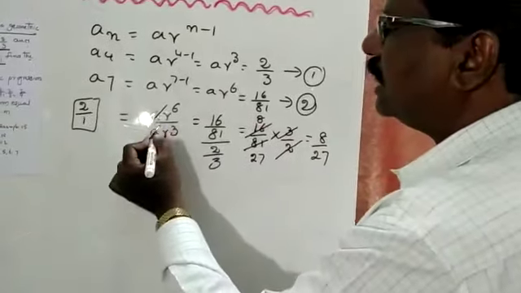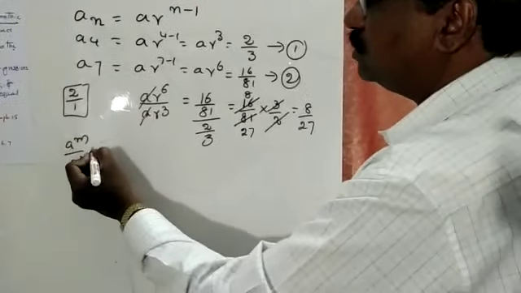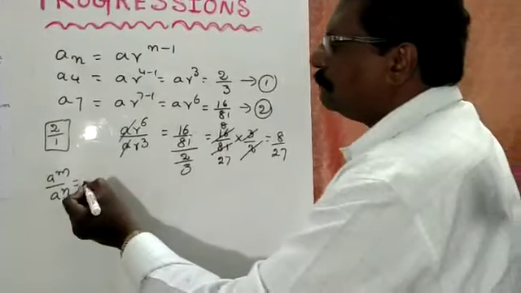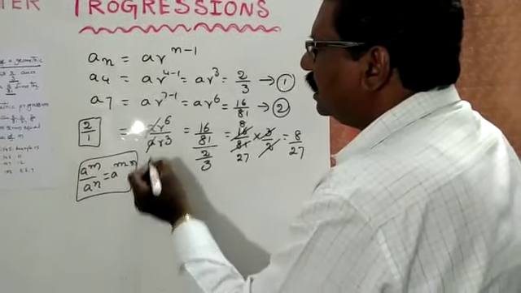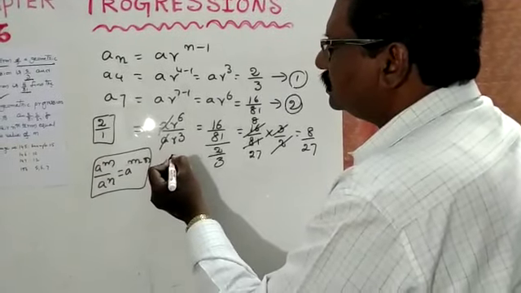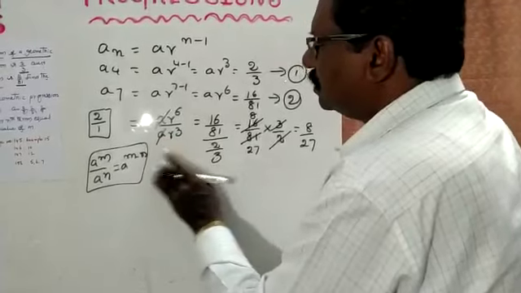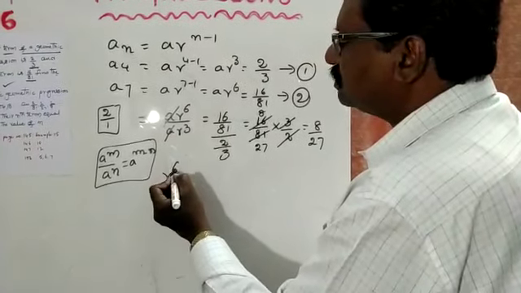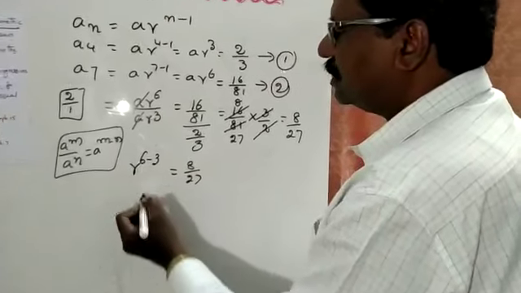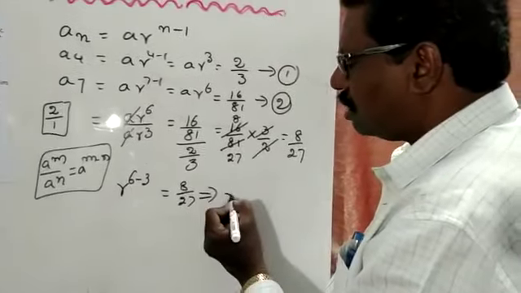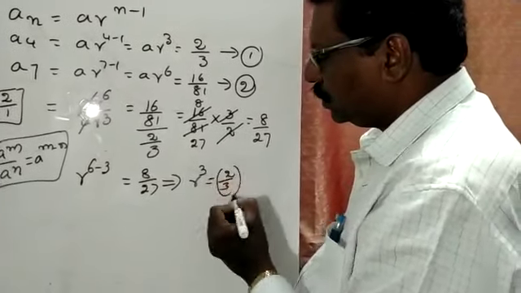So here A and A cancel. A power m by A power n, we have to use this formula: A to the power m minus n. So here R power 6 minus 3 equal to 8 by 27, which implies R cube is equal to 2 by 3 whole cube.